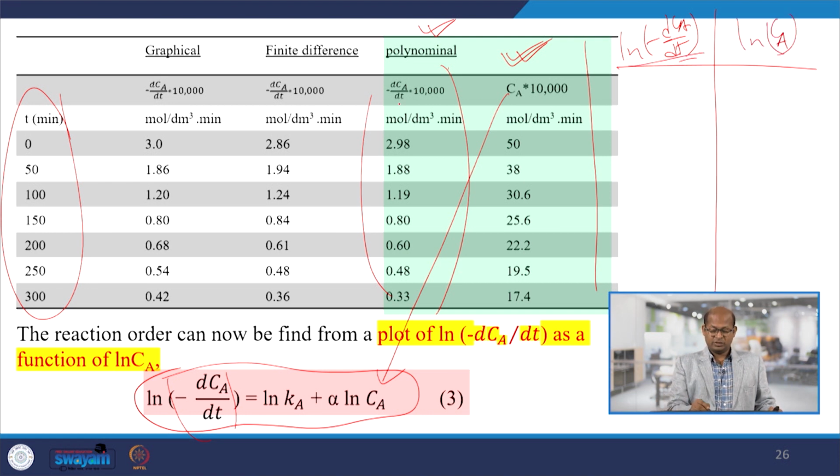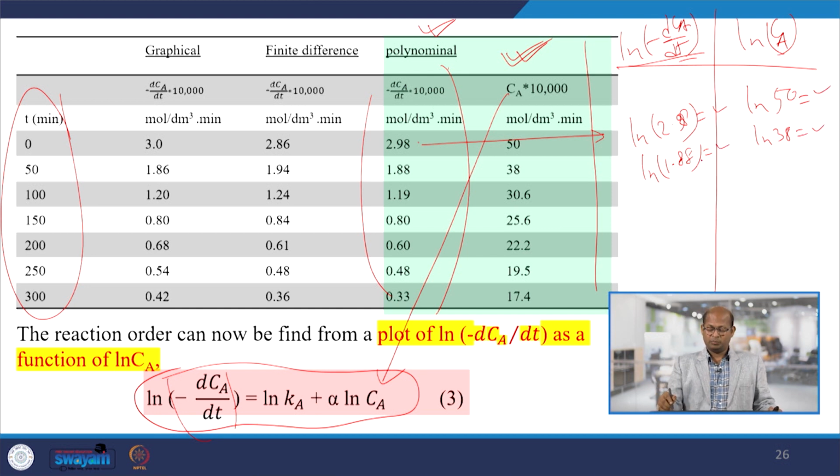Its corresponding ln 2.98, what would be that value? This is also ln 1.88, the corresponding value we can get, and ln CA equals ln 50, ln 38, like that. So, what would the values become? We should put them here. So, we have to complete these tables. We will get many data points at different times.